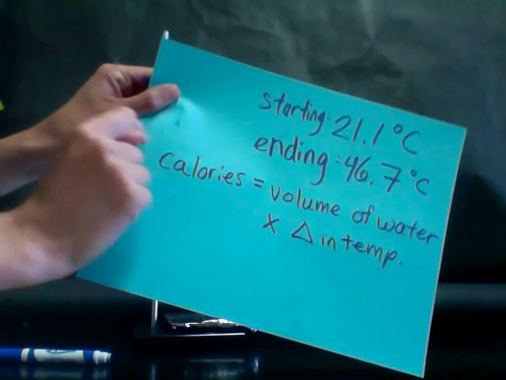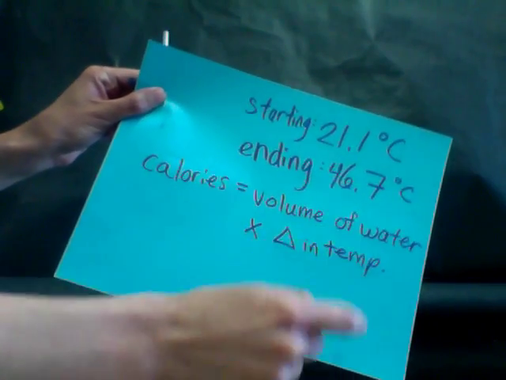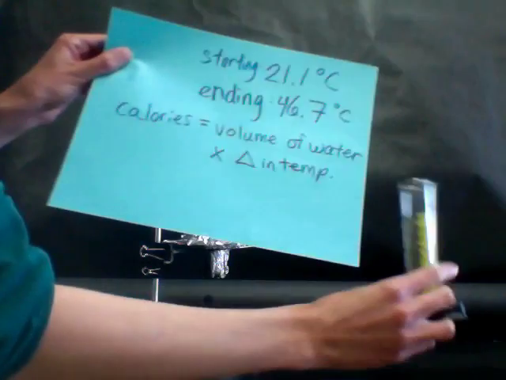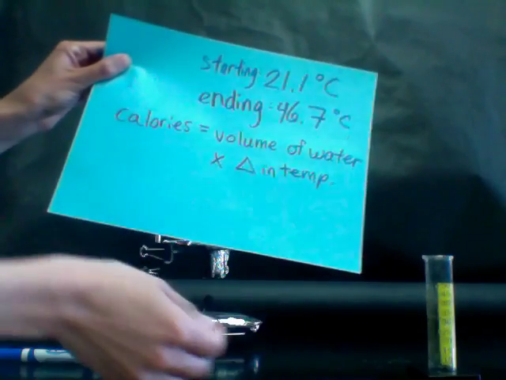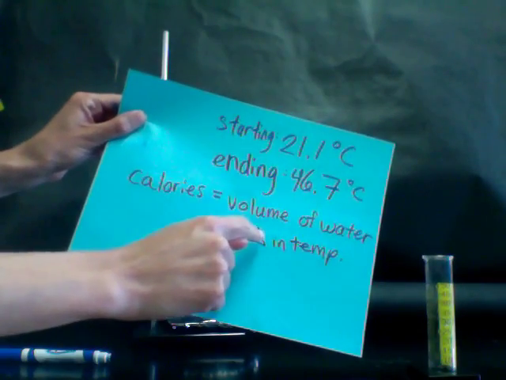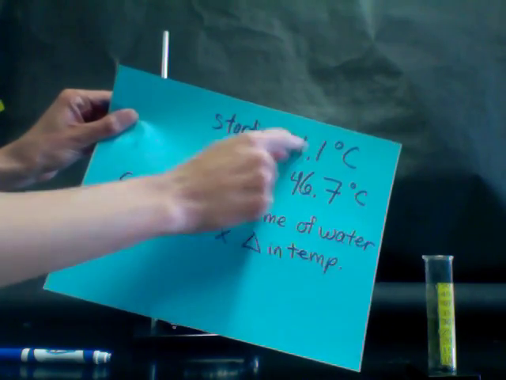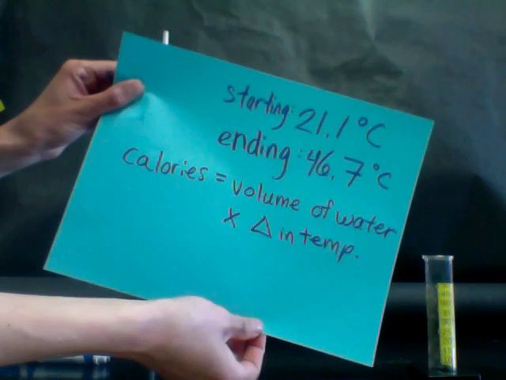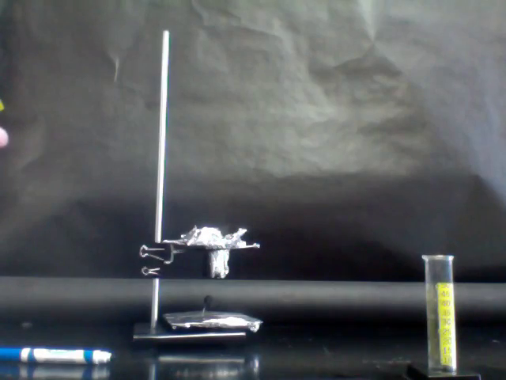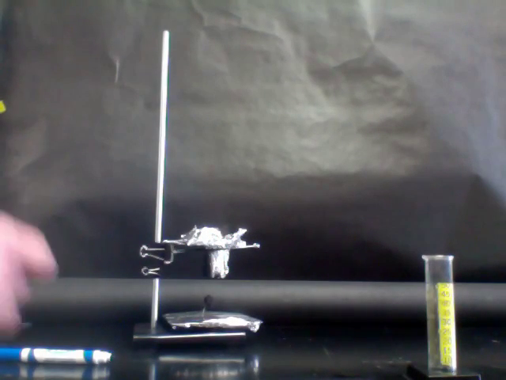So to calculate the calories, you would do the volume of water, which we started out with 20 milliliters, the volume of water times the change in temperature. So I would find the change in temperature by doing the calculations here. So see if you can figure that out. And thus concludes our lesson on calories.